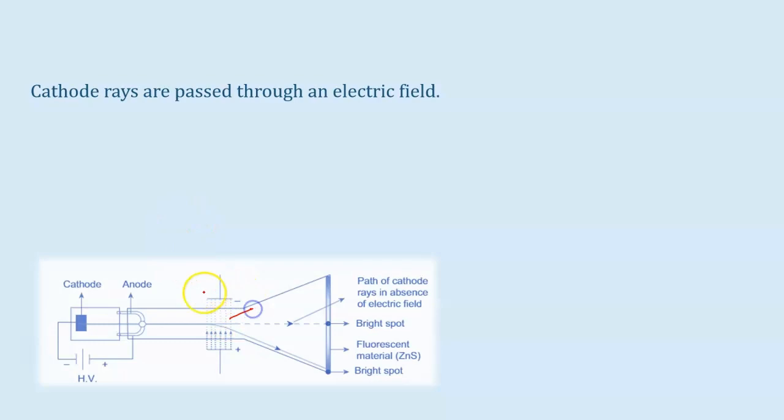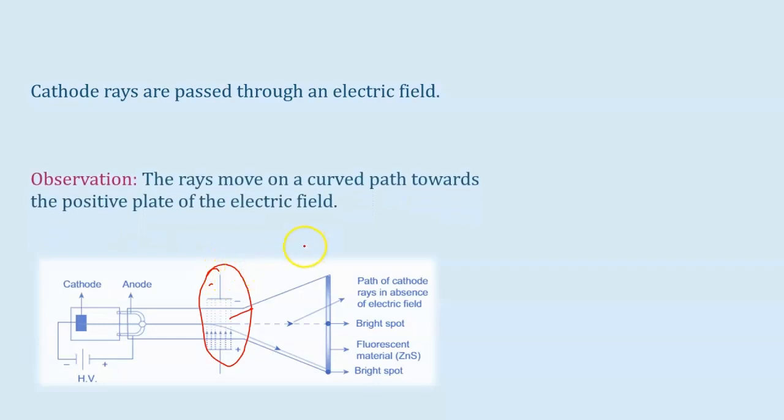So it is being passed through an electric field. This is the electric field. Whenever the cathode rays pass through it, what is happening? The rays move on a curved path towards the positive plate of the electric field.